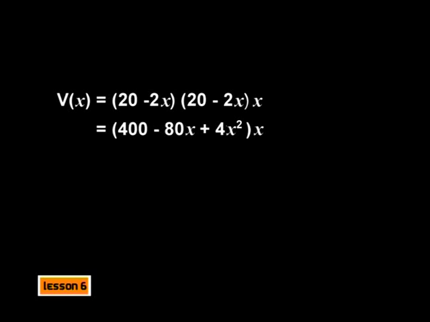If we simplify that, we get 4x cubed minus 80x squared plus 400x. I want to differentiate this.